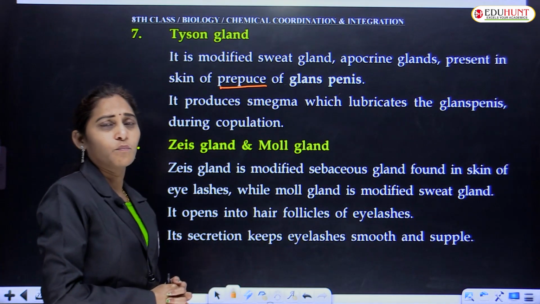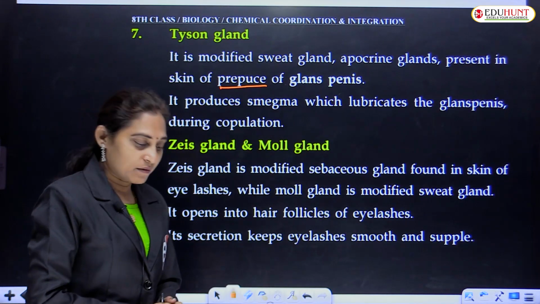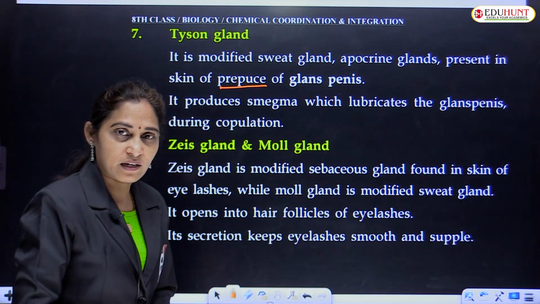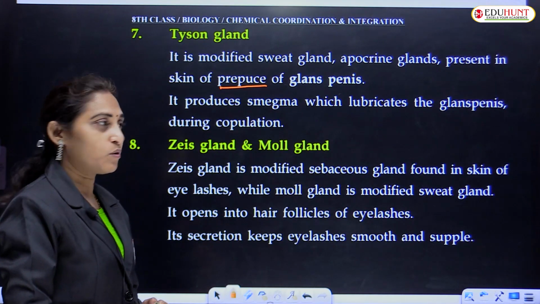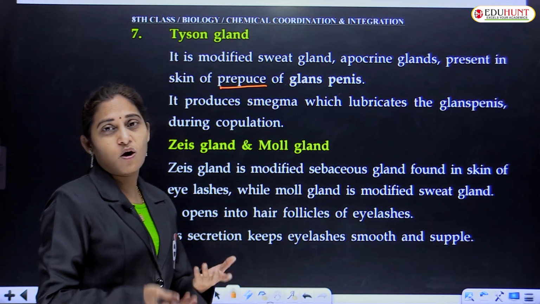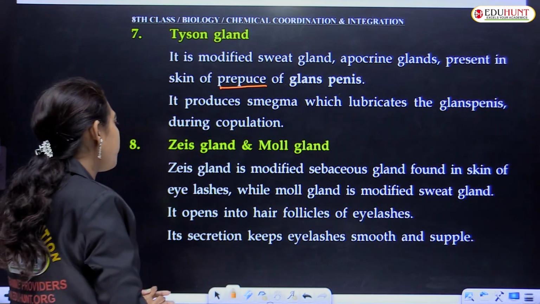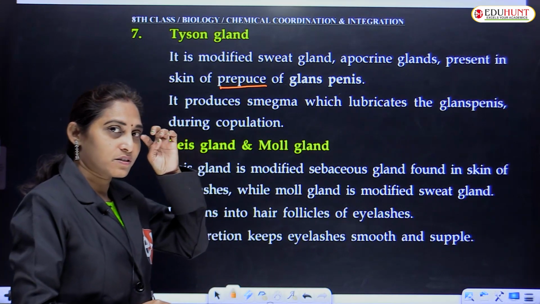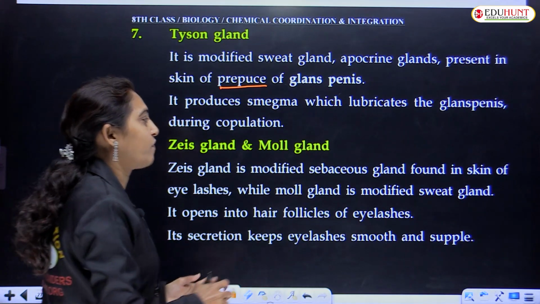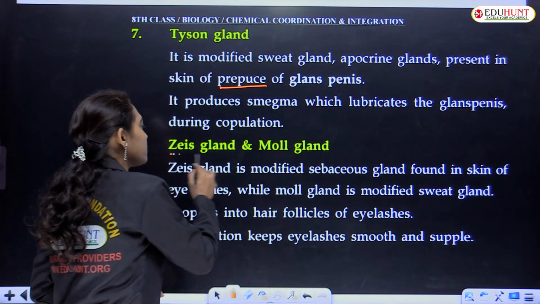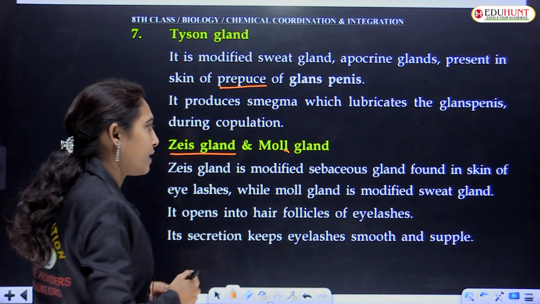Jay's gland and Moll's gland. Jay's gland is a modified sebaceous gland, found in the skin near the eyelashes, while Moll's glands are modified sweat glands.